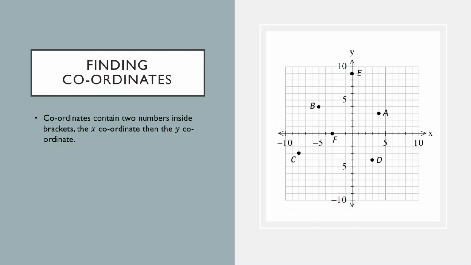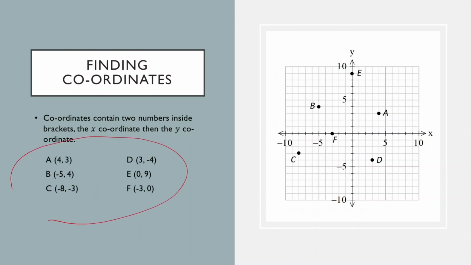So C here, let's start from negative 5, 6, 7, 8. So it's negative 8. And then 3 down. Down is negative.